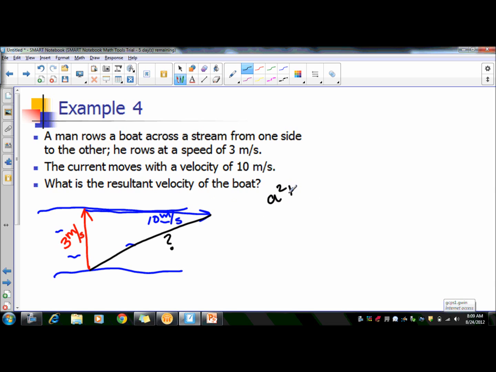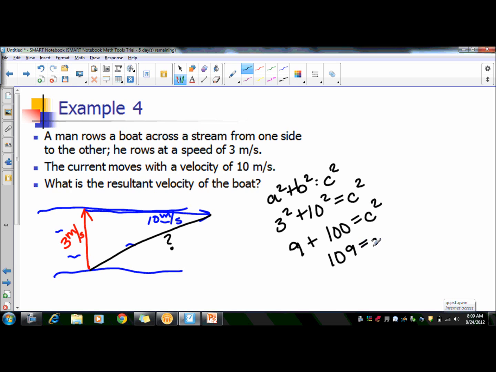So again, Pythagorean theorem. So we get 3 squared plus 10 squared equals c squared. So 9 plus 100 is c squared. So then we take the square root of 109, and we get 10.44 meters per second.